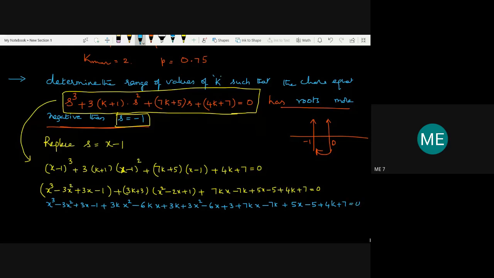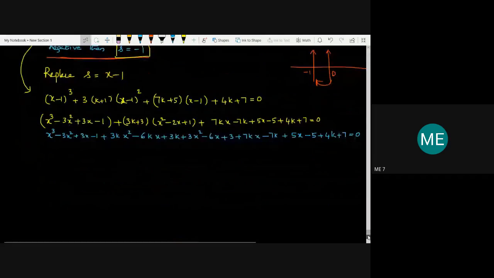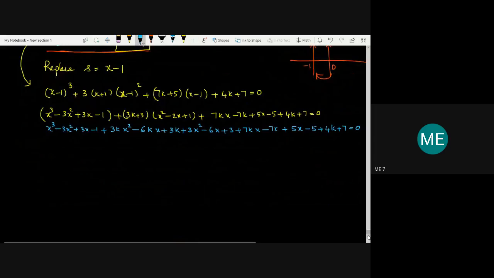At a time we will do all this. See, x cube terms, only one x cube term we have, so straight away we can write the x cube, only single term is there. So we'll combine all the x cube terms and x square terms and x terms and all those.